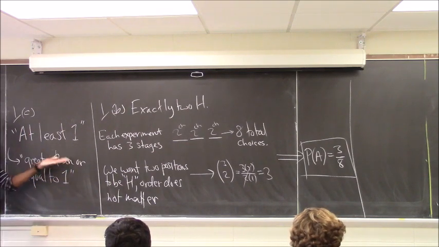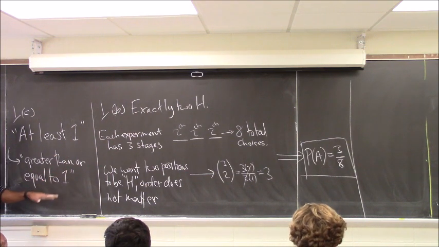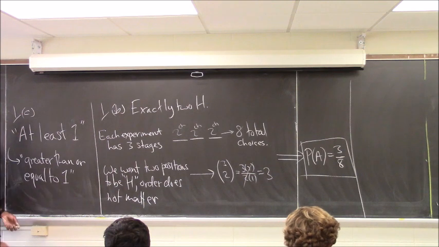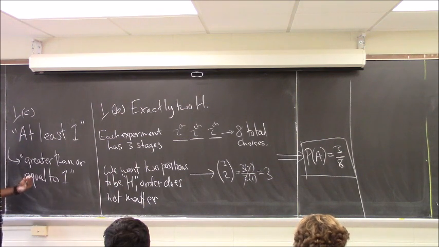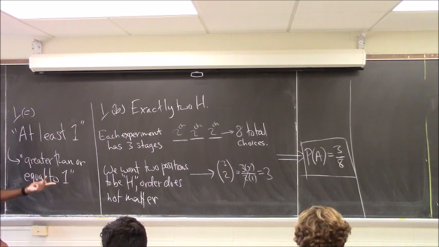So whenever you see at least blah, it means greater than or equal to blah. These 2 phrases mean exactly the same thing. So this scenario is asking, what is the probability that we'll get 1 H or more, right? Can we get 1 or 2 or 3?